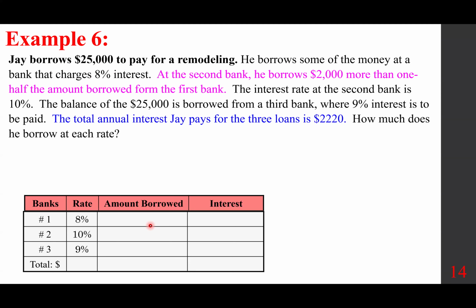So what we know is that we have $25,000 total. So how much did we borrow? The total amount is $25,000. That we know. So $25,000 goes there. The total amount that was borrowed is listed here.